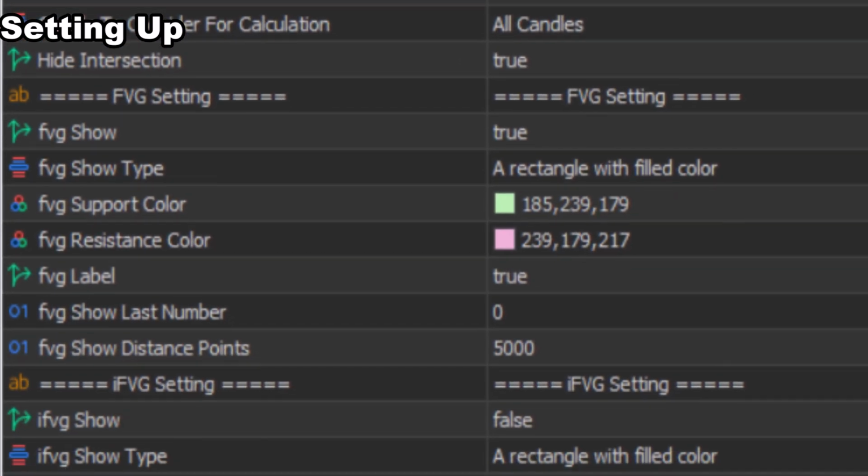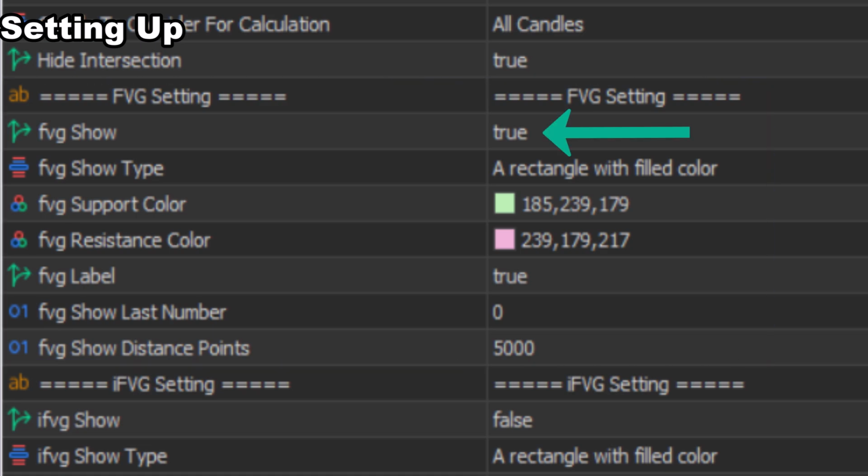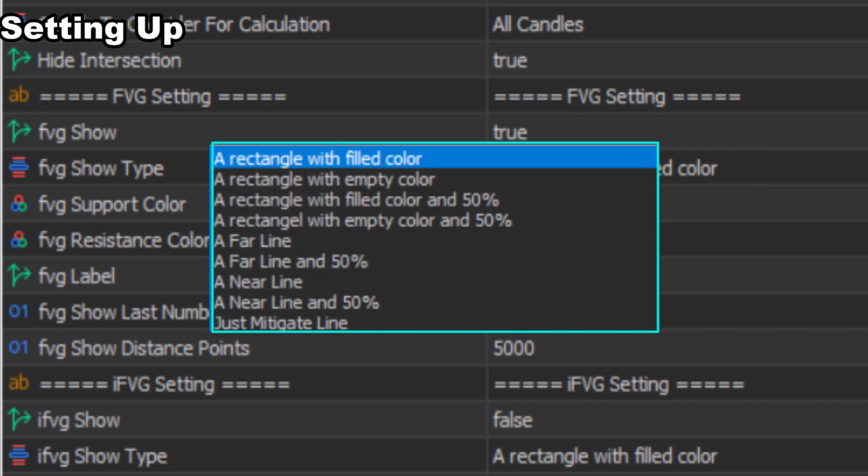Now let's move to the second part, which is FVG settings. The first input here lets you toggle FVG visibility on or off. The next input controls the display modes of FVG levels, and you can see each mode directly on the chart.